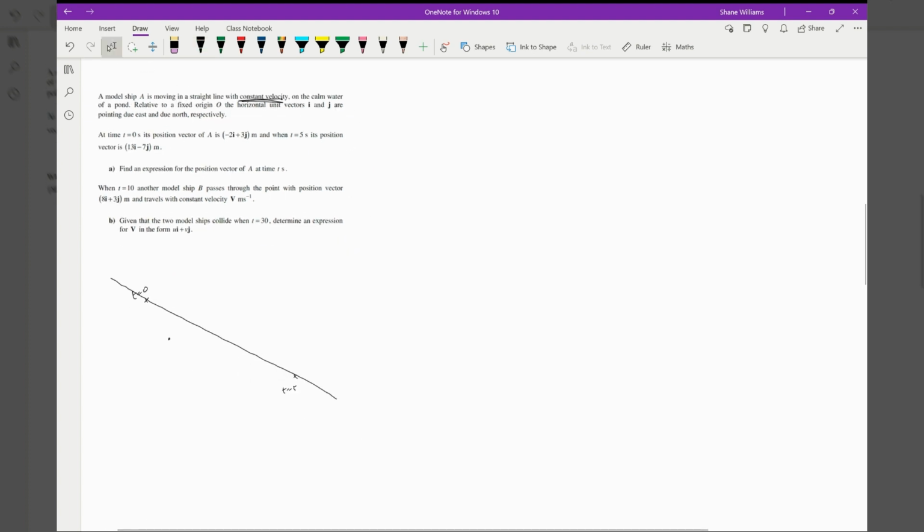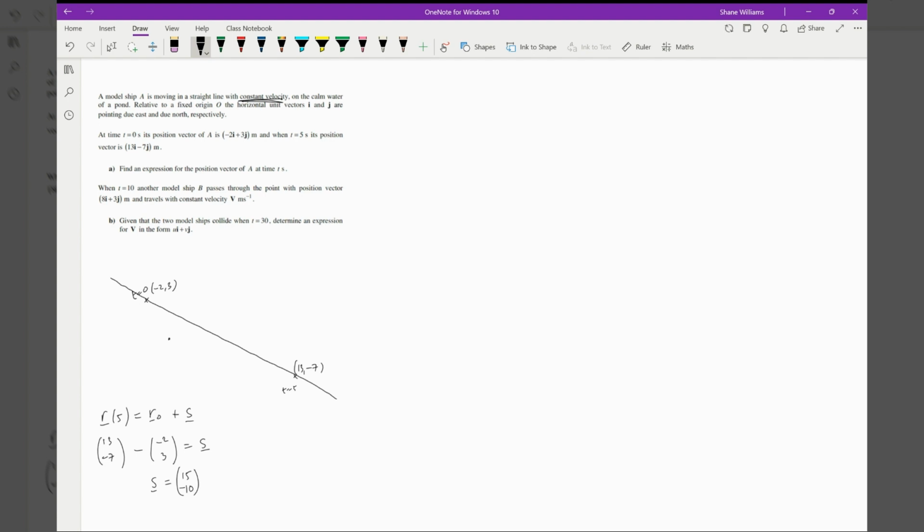And I'm trying to find an expression for the position of A at time t. So I know where I am at 5, and I know where I was at 0. So r of 5 equals r0 plus the displacement I've made in those 5 seconds. And that gives me a displacement of 15, minus 10.